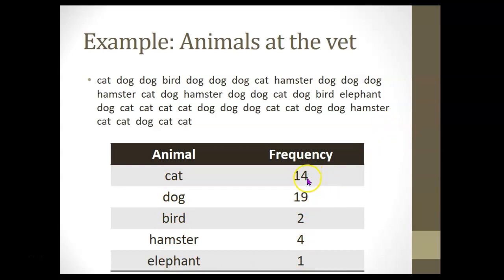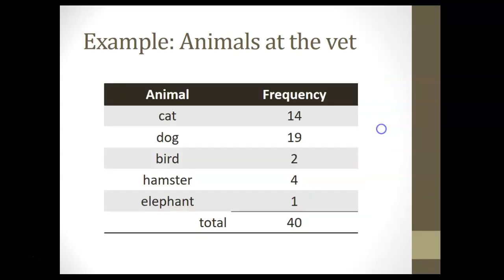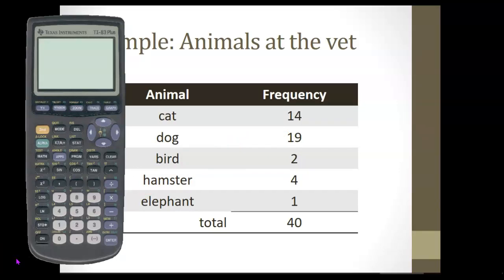And if we add these all together, add up 14 plus 19 plus 2 plus 4 plus 1, it's a total of 40. So out of those 40 animals, 14 were cats, 19 were dogs, and so on. What if we want to show the relative frequencies? Well, for this, I would get my calculator and I would take each frequency divided by the total, which is 40.